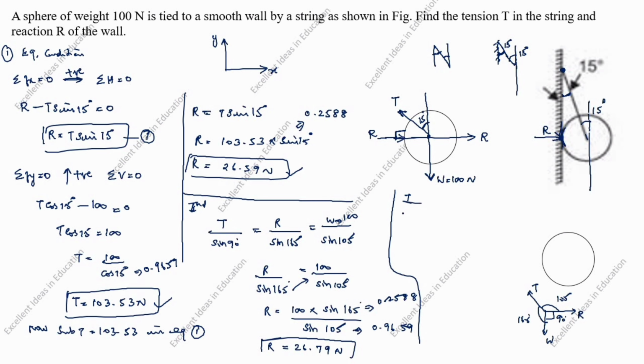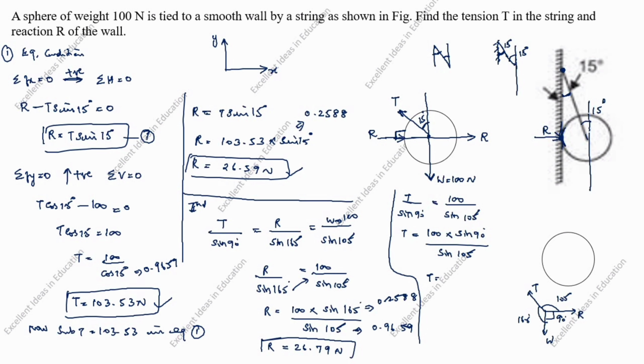Next, we will take this and this. So T by sine 90 degree equal to 100 by sine 105 degree. So T is equal to 100 into sine 90 degree divided by sine 105 degree.